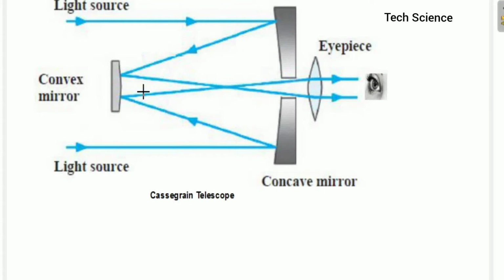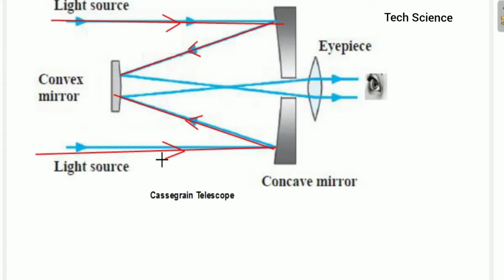Now what happens here? In the convex mirror, the light rays are incident from this side. Those light rays which are reflected back from the concave mirror are now the input to the convex mirror. I am repeating once again: the incident rays are the input for the concave mirror, which is called the primary mirror.